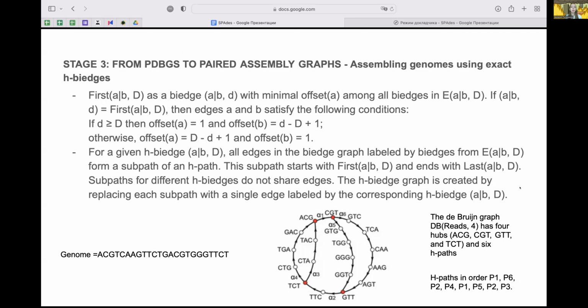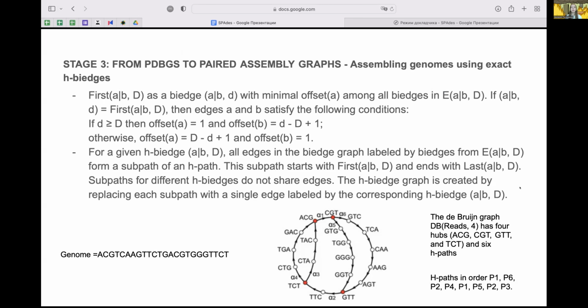So we define first (A, B, D) as a BH with minimal offsets among all BHs in B, and for a given H path, all edges in the BH graph labeled by BHs from B form a subpath of an H path, and this subpath starts with first and ends with last, and they do not share any edges.